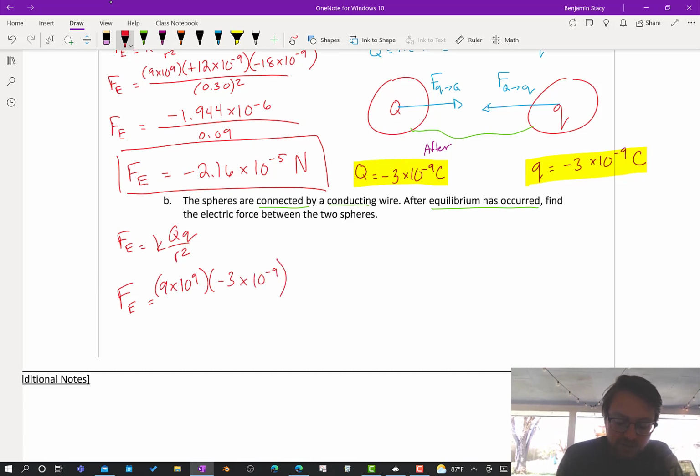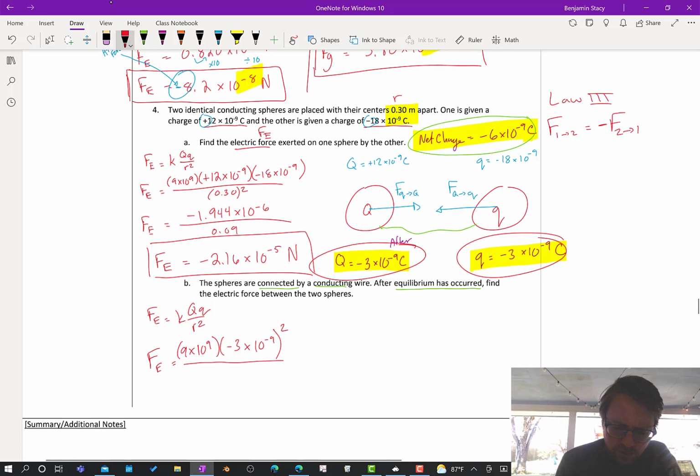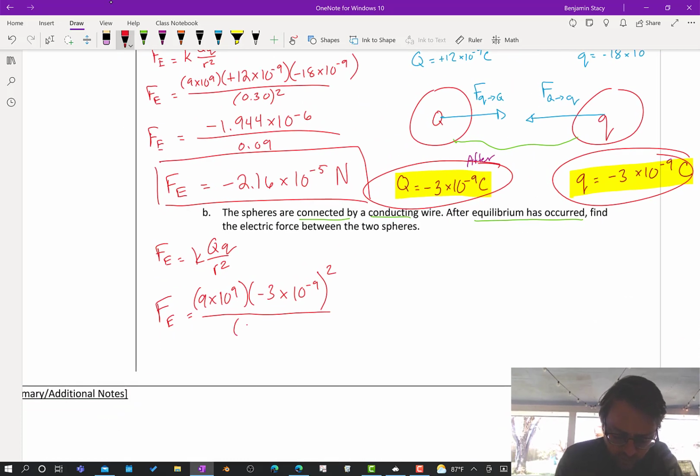Here, look, they have the same amount of charge, so I could square this, because it's minus 3 times 10 to the minus 9 multiplied by another minus 3 times 10 to the minus 9. They both have the same amount of charge, over r squared. R is the same. What was r? 0.3. 0.3 squared.